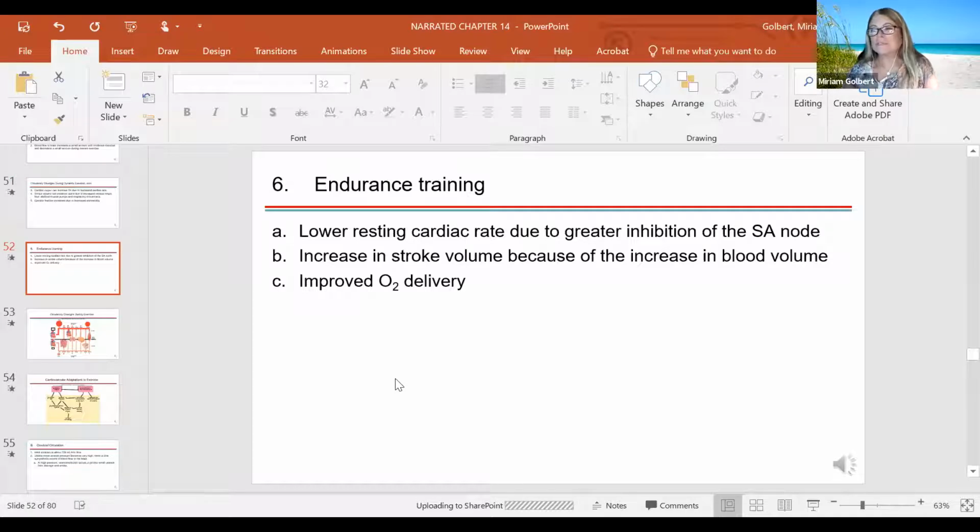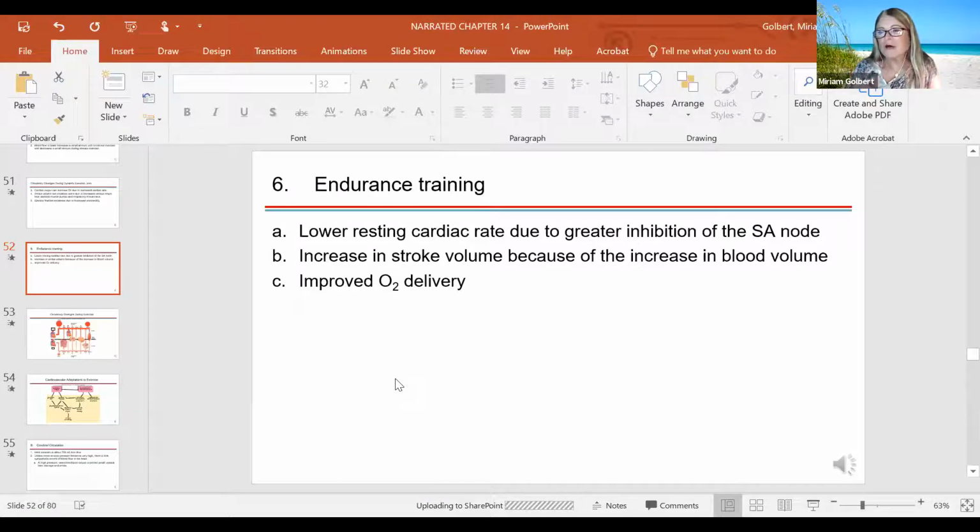So when you have endurance training, and these are athletes, they have a very good oxygen delivery. They have a lower resting cardiac rate, right? They are able to train so that they slow down the spontaneous depolarizations of the SA node.